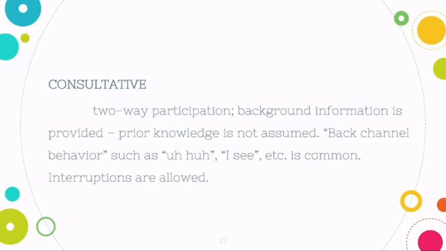And in here, interruptions are allowed. Say you want to raise a concern even if the doctor or the teacher is still explaining something, you are allowed to do so, just as long as you do it politely and correctly.